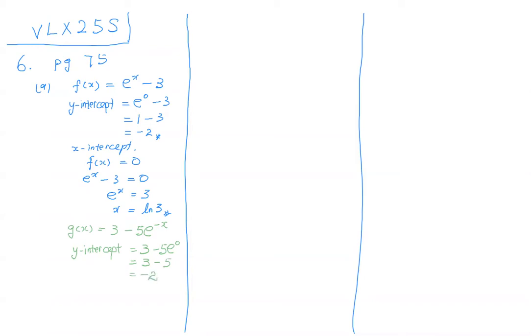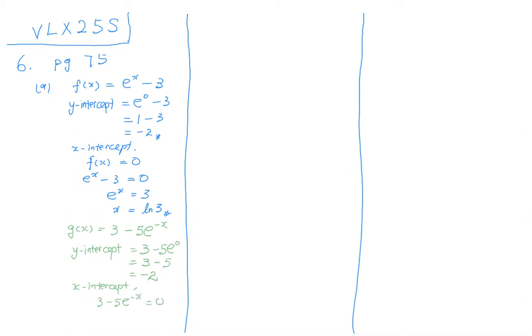So now for the x-intercept for g(x), you have to let 3 minus 5e to the power -x equal to 0.